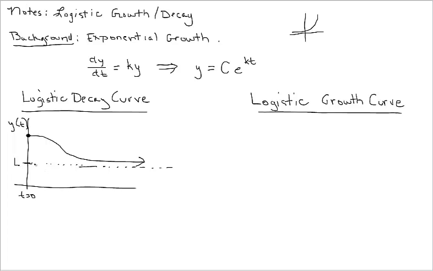So that's important to know, that L value there. So let's think about what's being represented here. As time goes to infinity, the y values, the fish, will approach our carrying capacity, our limiting value. So this would be a representation of logistic decay, where L is your carrying capacity.